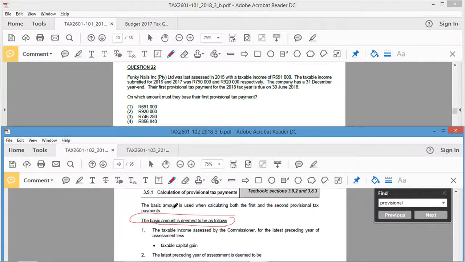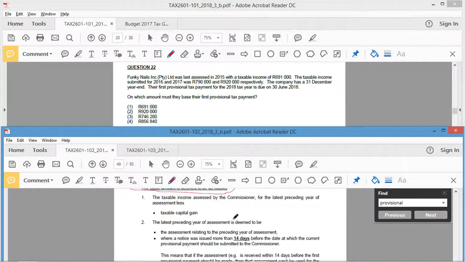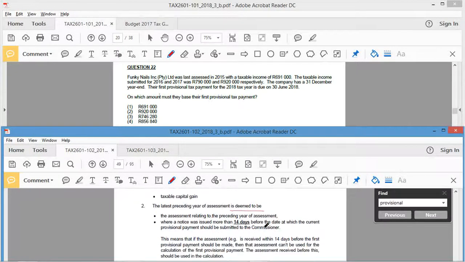Here they said the basic amount is used when calculating both the first and second provisional tax payments. The basic amount is deemed to be as follows. Number 1, the preceding year of assessment, which we've got, which is 920. The latest preceding year of assessment is deemed to be the assessment relating to the preceding year of assessment, which we've got, and obviously if there's 14 days before the date at which the current provisional payment should be submitted to the Commissioner. Do they give us the exact dates here?